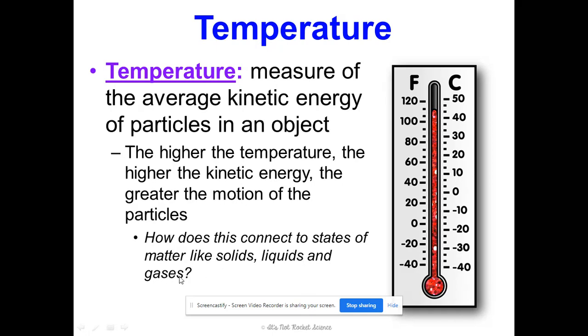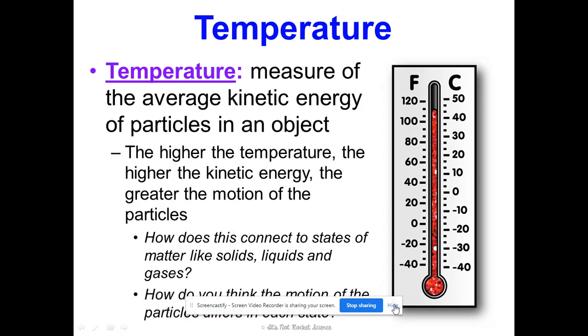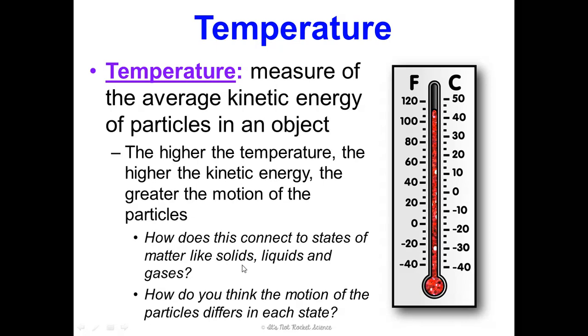Now, gases are harder to see. But when you do heat up gases, they do start to move around even faster. And then let me hide that here. How do you think the motion of the particles differs in each state? So I kind of just mentioned that already. When we're heating things up, solids do start to vibrate and move around a little bit more. Liquids move around quite a bit more, and then gases do too.